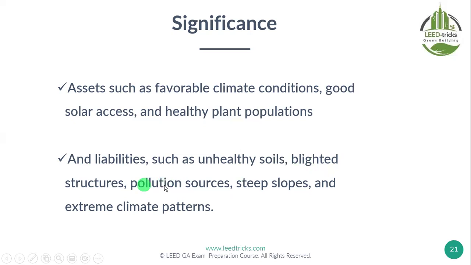Examples are existing structures, pollution sources, and steep slopes, very high slopes, which may be dangerous, and extreme climate patterns, very hot or very cold. All this we call liabilities or constraints. So when you design anything, of course, you have the assets, the things that you like, and the constraints. Design is not taking a land length by width and then starting to make the design. No, it's not like that, of course.